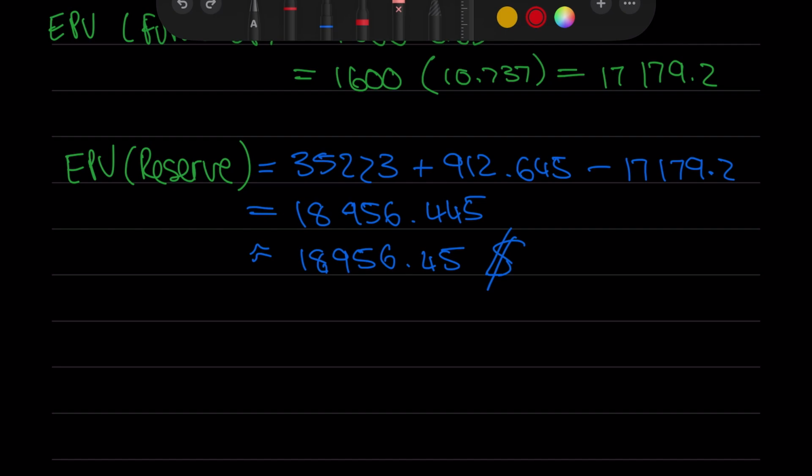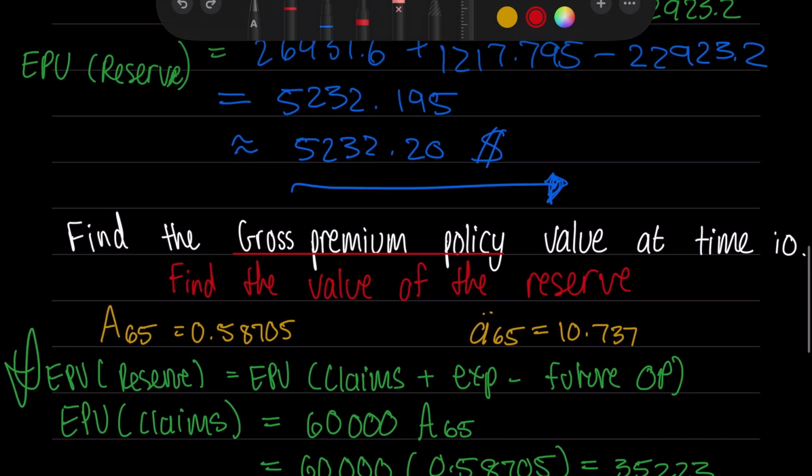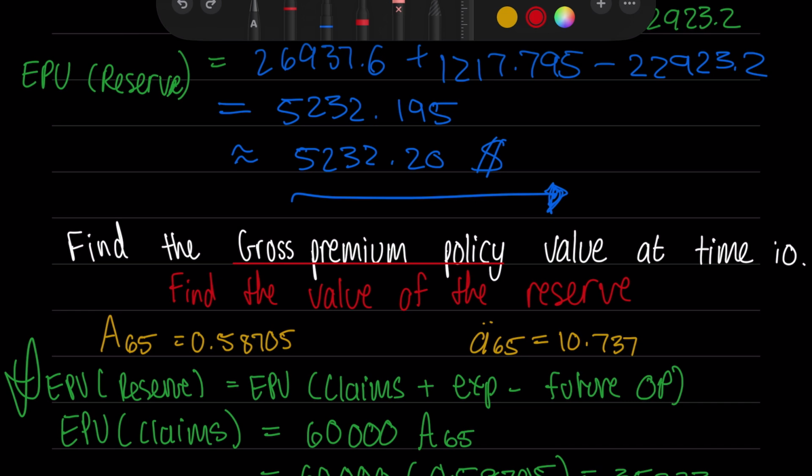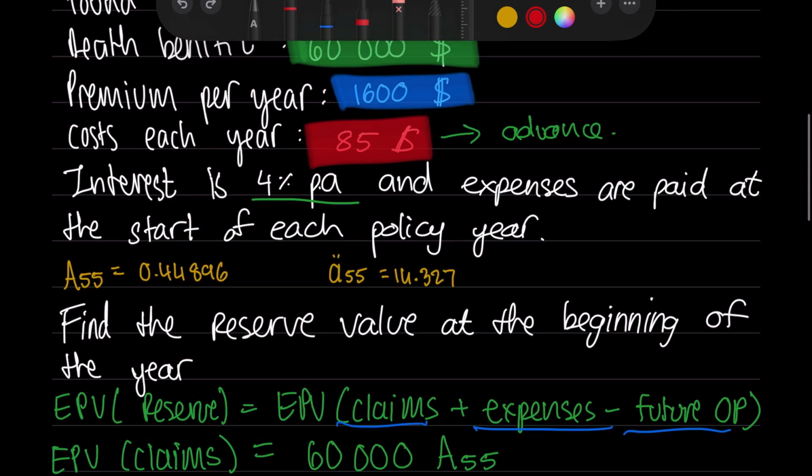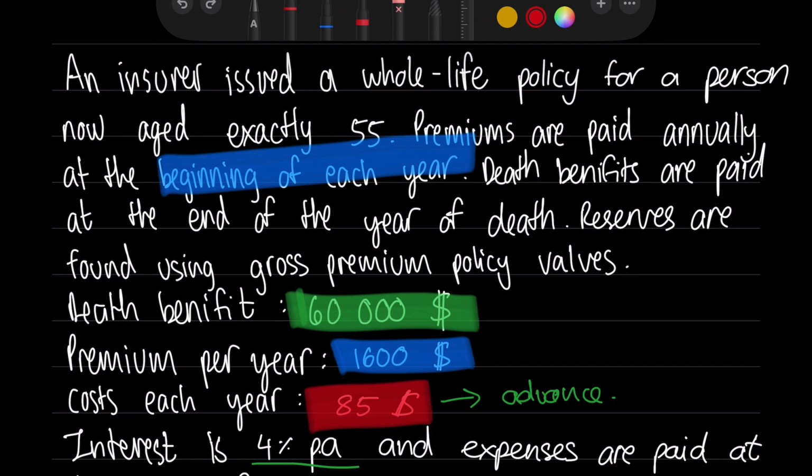Mortality is the death rate in a population, the probability that a life is going to survive. The probability of someone surviving longer is going to decrease at these higher ages, so the probability of them dying is going to increase. So the probability of paying out the whole life benefit, the 60,000, is going to increase.